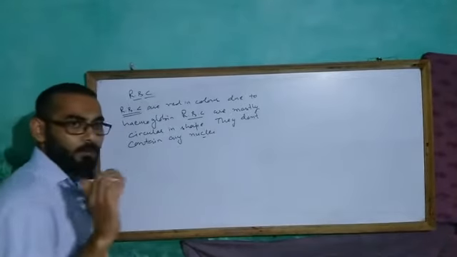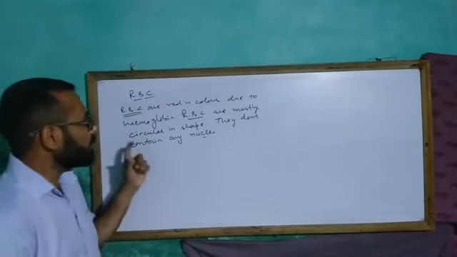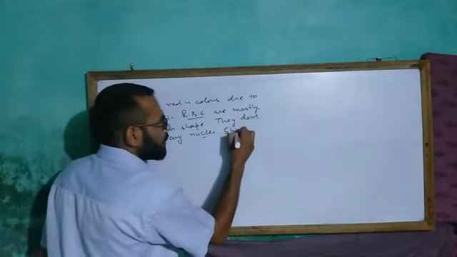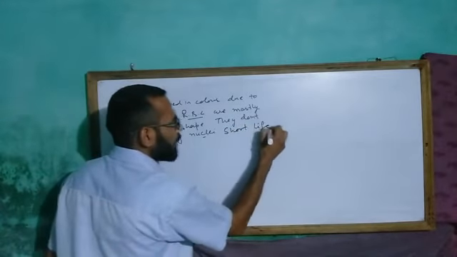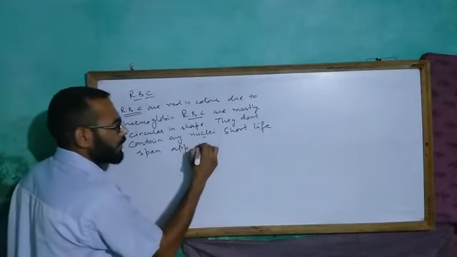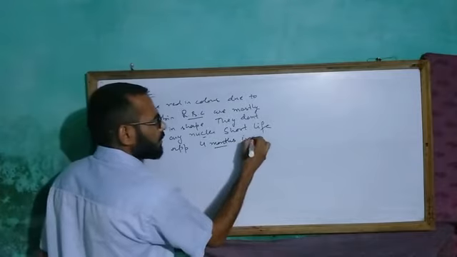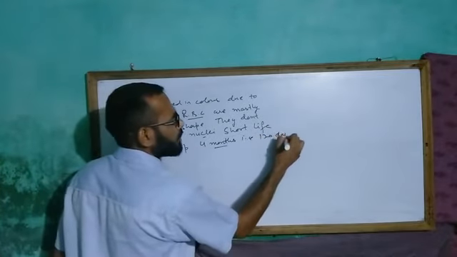The most important question in RBC: they have short life span, approximately 4 months, that is 120 days.